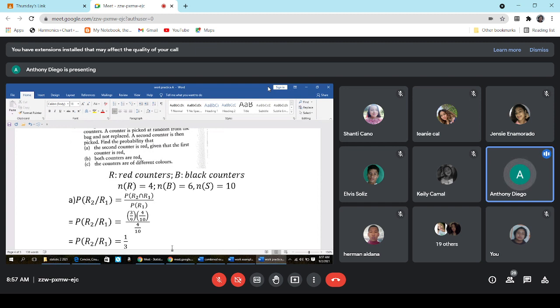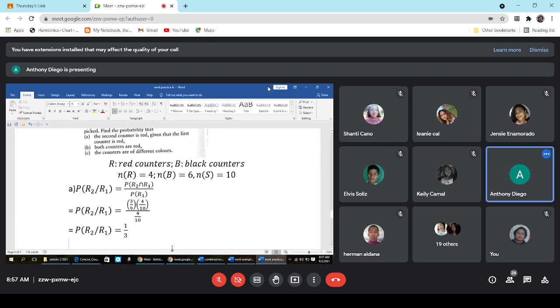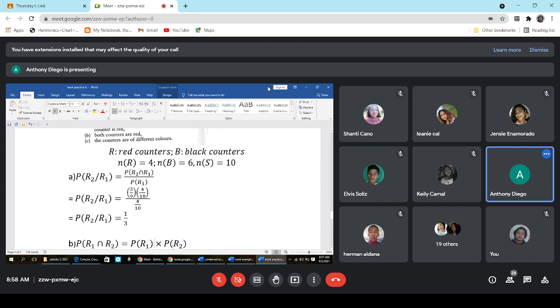Both counters are red. So what will that be? Find the probability that both counters are red. So it's going to be the probability that the first pick is red and the second one will be red. But what should you consider here again?